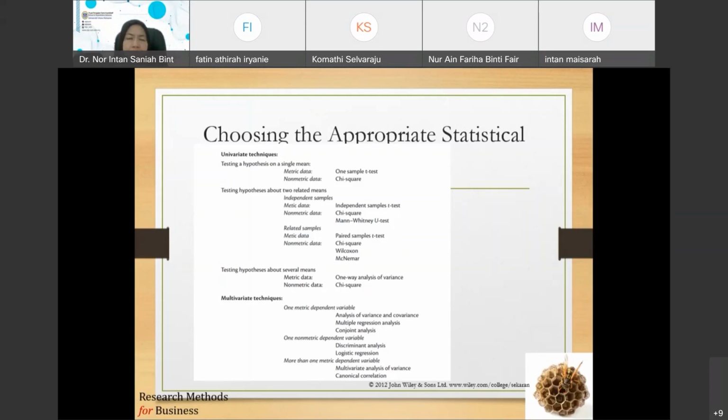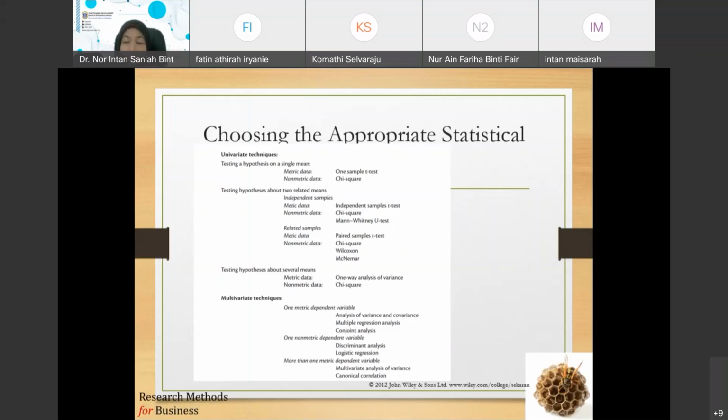We have here either univariate or multivariate. Or maybe you have several means, more than two means, so you can use ANOVA or the matrix chi-square. For the univariate non-metric case, chi-square is mostly applicable.